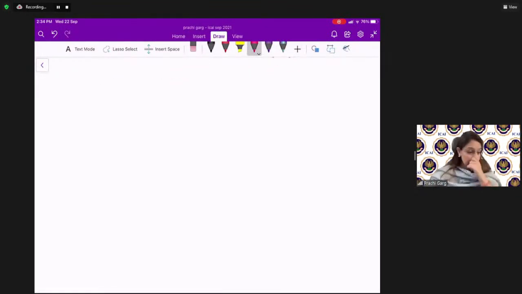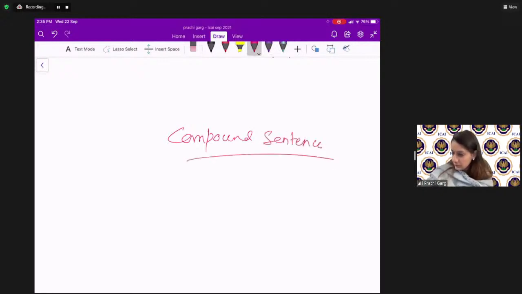Next is the compound sentences. You know the meaning of the word compound? Does anybody know what is the meaning of compound? Compound is when two things come together and are mixed together, right?